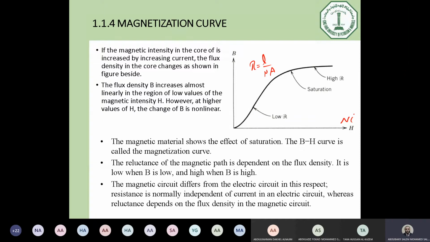It's independent, so the resistance value is fixed. However, in magnetic cores, the reluctance itself is a function of magnetic field intensity or magnetic flux density. So if we increase B and H, the reluctance itself will change, and it will be increased. So this is the difference between electric and magnetic circuit.